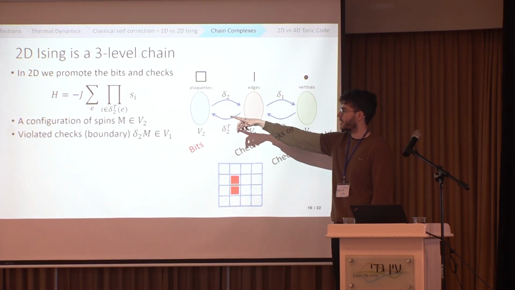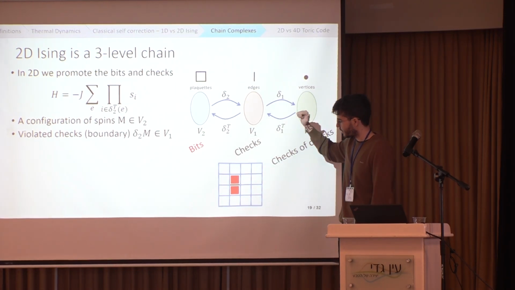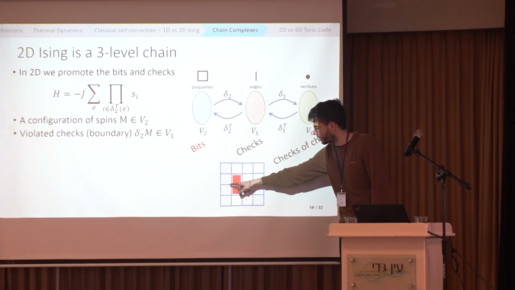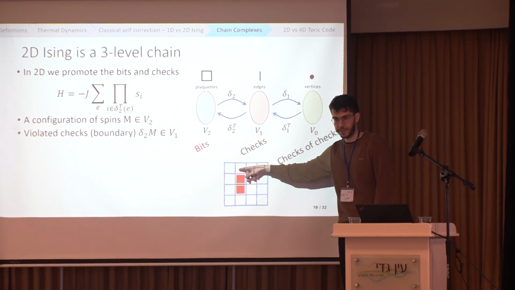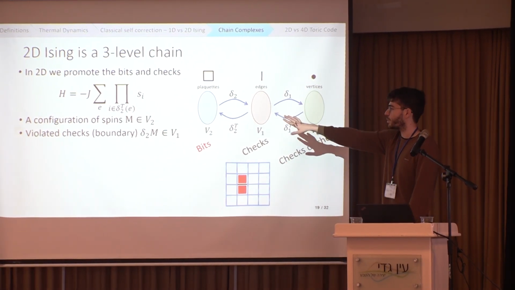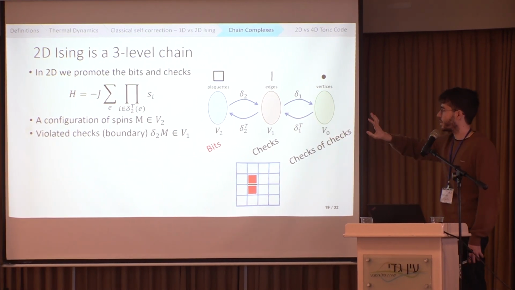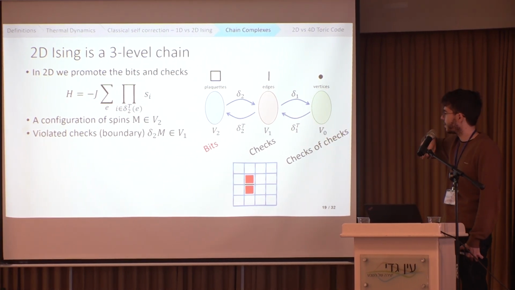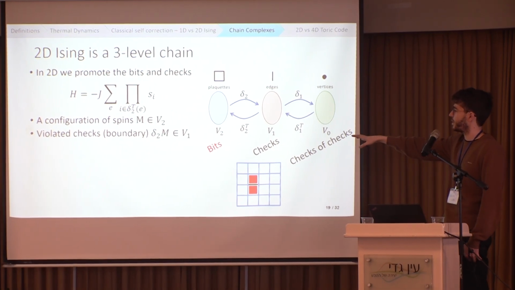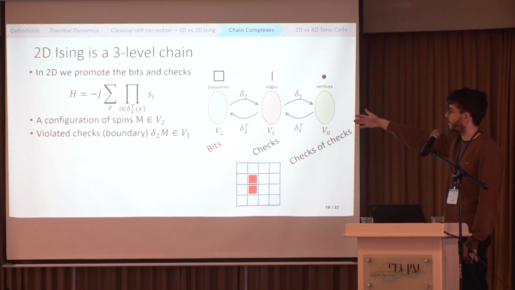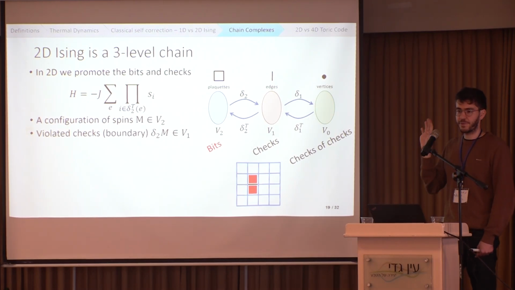That's the same as written in the 2D Ising model of interaction between neighboring spins. So again, we write the 2D Ising model with this boundary map. A configuration lives in V2, and when we apply delta 2, we get all the violated checks of this configuration.